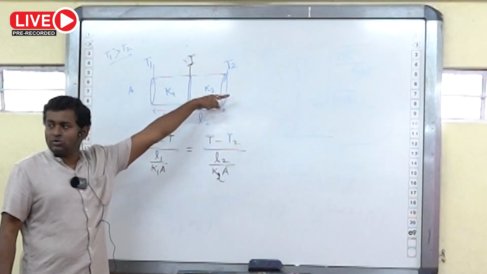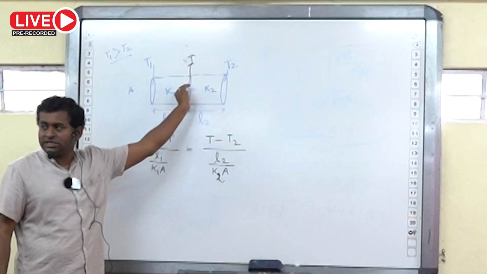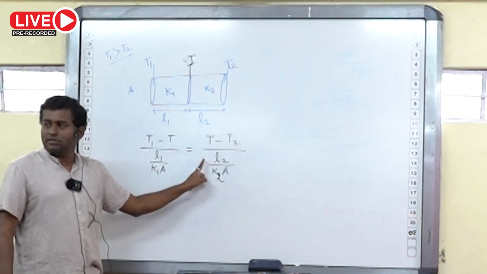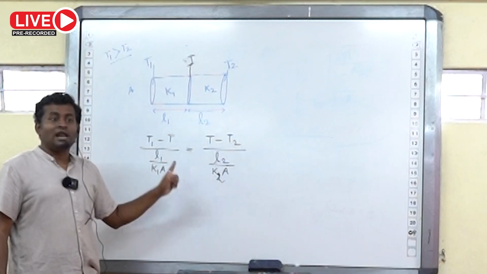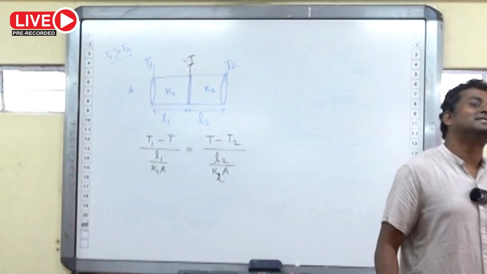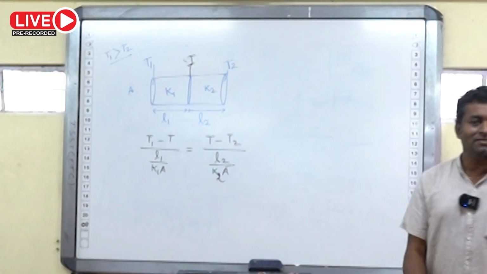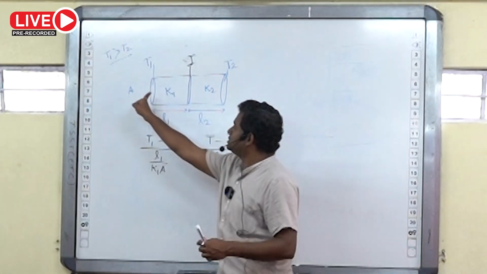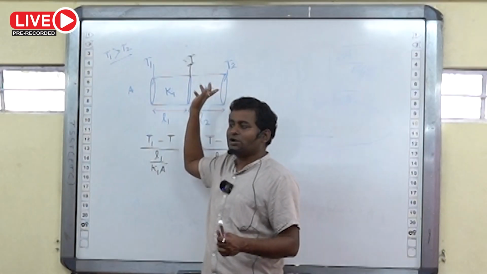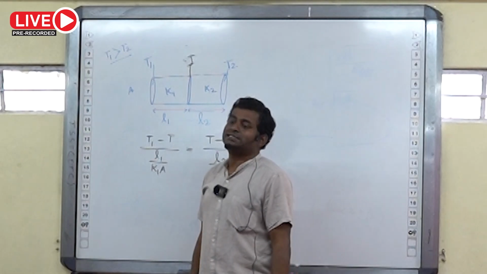Thermal current is going from T to T2. So that is thermal potential difference T minus T2 divided by thermal resistance. And I consider both the thermal currents are equal because they are connected in series. So whatever thermal current passes through this first conductor, the same current will pass through the second conductor. So they are connected in series.